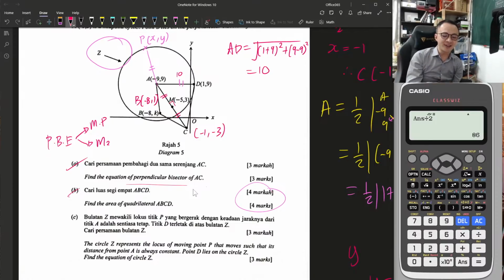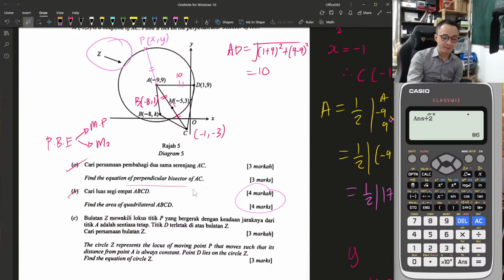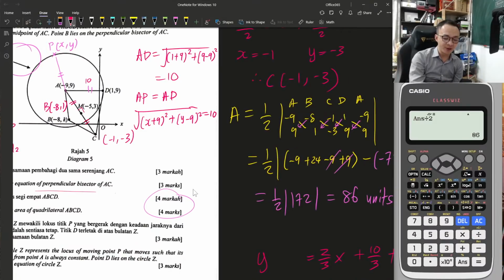Since the distance is 10, we know AP will always be the same as AD. So P is (x, y), therefore the square root of (x plus 9) squared plus (y minus 9) squared always equals 10. Then we just solve this equation.